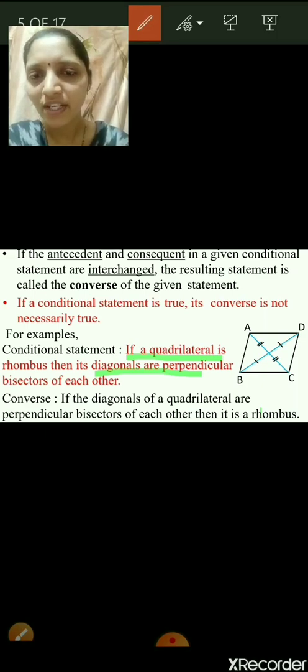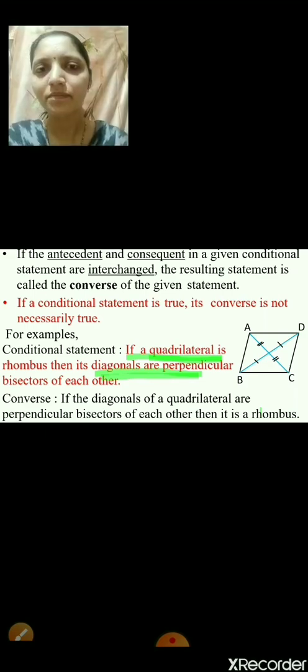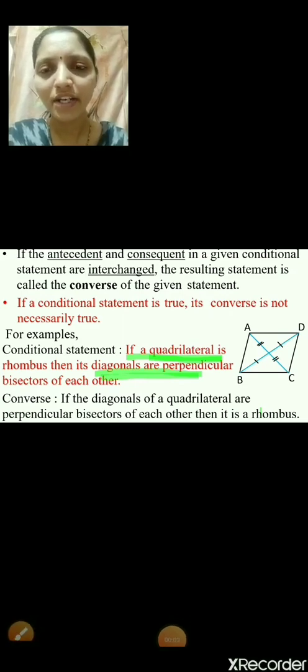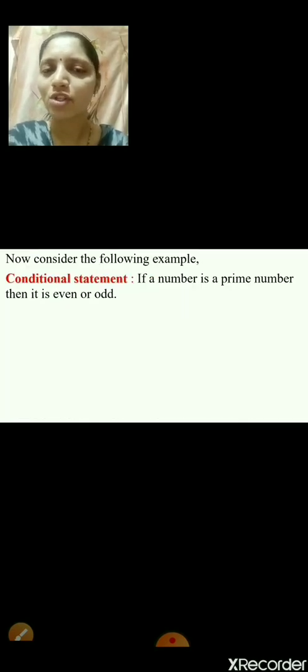Whatever part you are seeing here after then, that you have to write first, and whatever part you have written after if, that you have to write in the later part of the statement. That is called as converse of the statement. Now here, conditional statement and its converse both are true. If the diagonals of the quadrilateral are perpendicular bisector of each other, then we can say it is a rhombus. That means converse is true and the conditional form is also true.